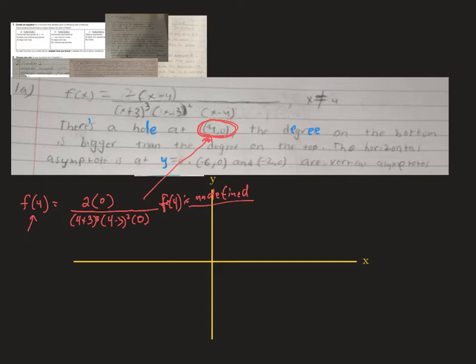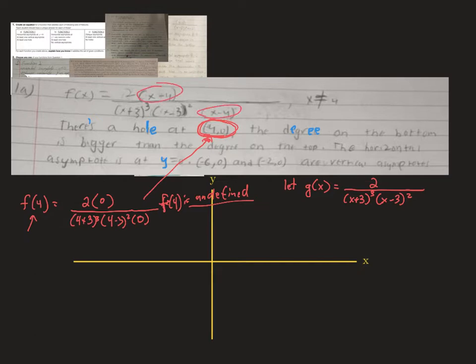What we're going to need to do is find a new function. Let g of x equal the exact same function as f of x, almost. g of x is going to be 2 over (x plus 3) times (x minus 3) squared. So this is a trick we can do. Notice that g of x does not have an x minus 4 in the top or in the bottom.